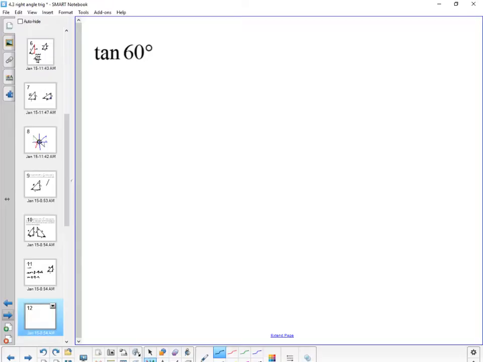Tangent, which is opposite over adjacent, so the opposite will be adjacent. Opposite, which is 3.